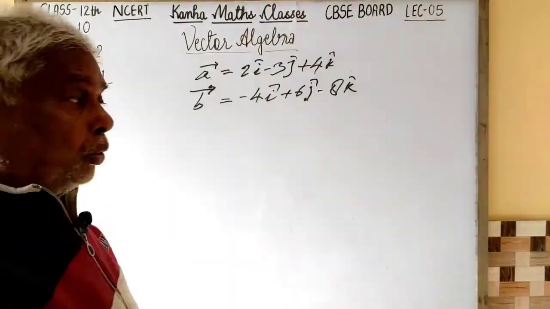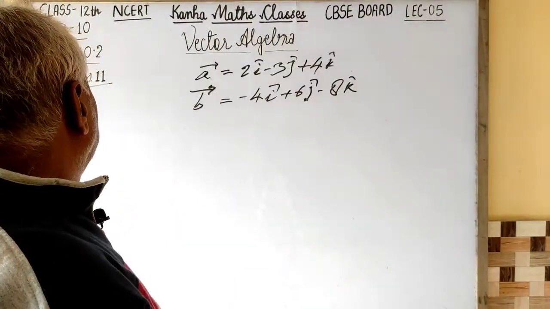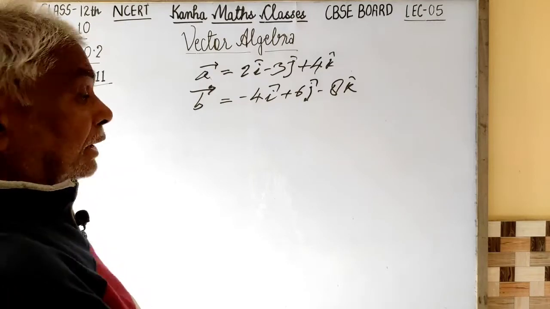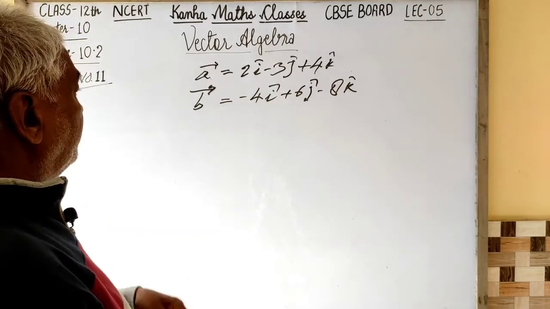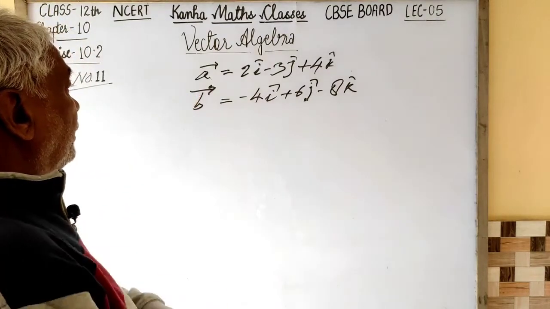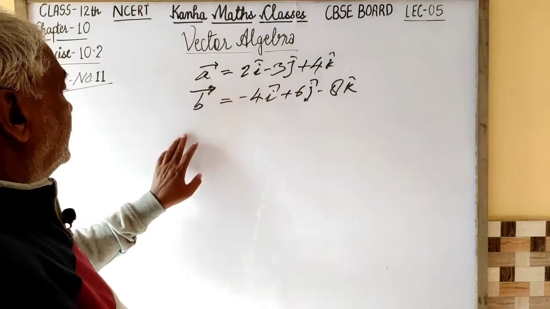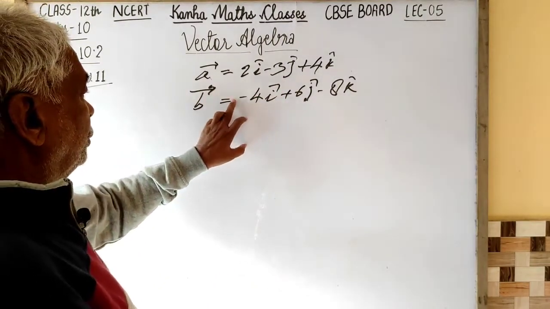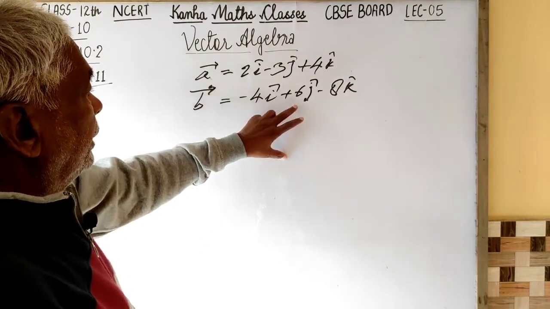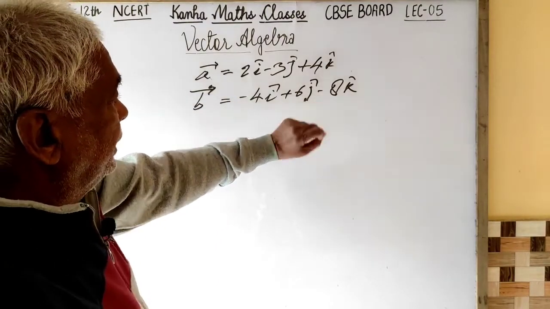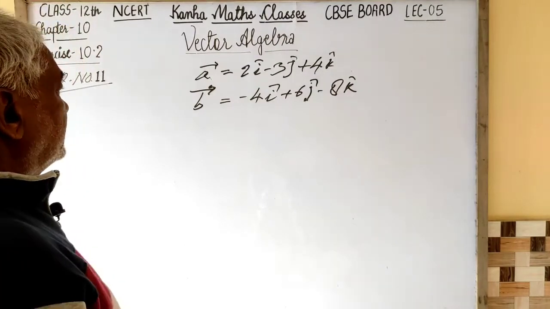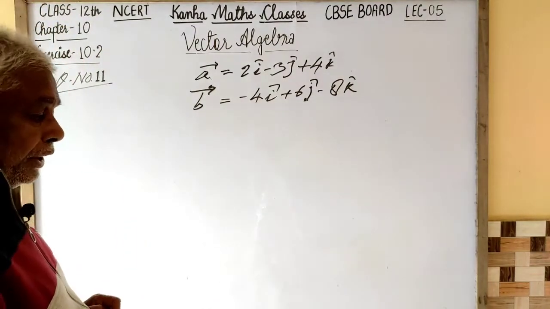Right. So in question number 11 under exercise 10.2, we are given two vectors: A equal to 2i minus 3j plus 4k and the other vector B equal to minus 4i plus 6j minus 8k. We have to prove that these two vectors are collinear.